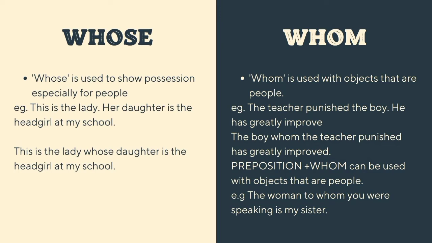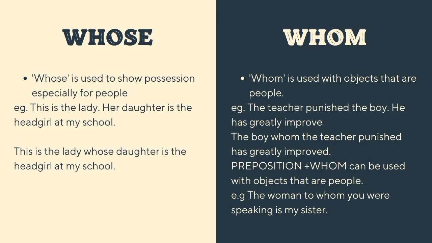You can use a preposition plus whom with objects that are people. For example, the woman to whom you were speaking is my sister. So our preposition there is to. Hence, you don't need to put another preposition after the relative clause.